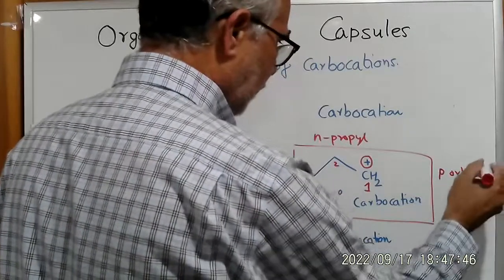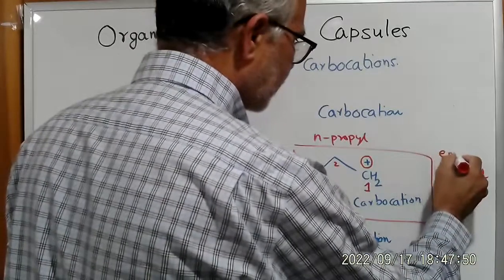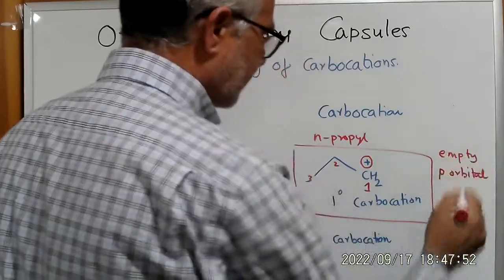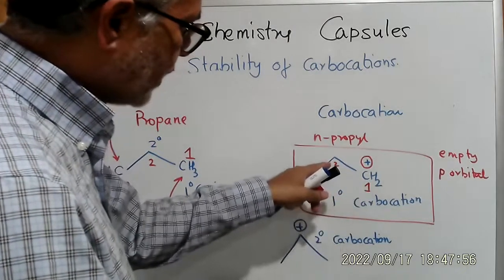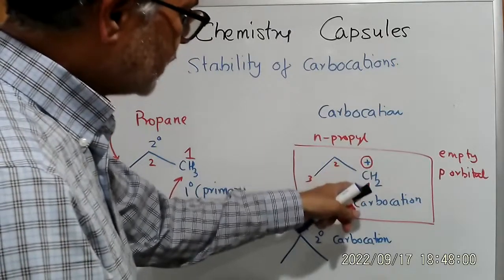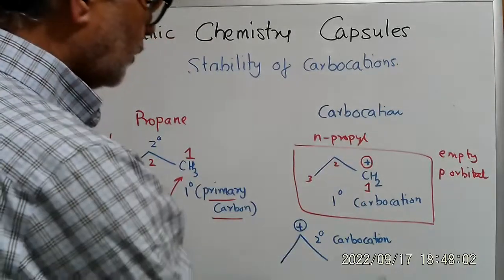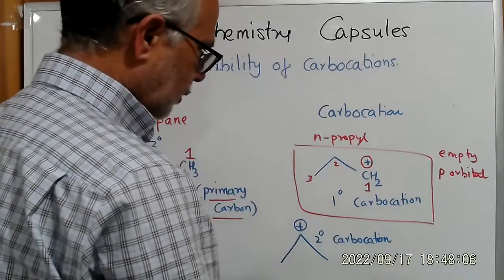In the carbocation carbon, there is a p orbital, and there are no electrons in it. It's empty. And that carbon, C1, where the positive charge is, is connected to just C2. So this is called a primary carbocation.